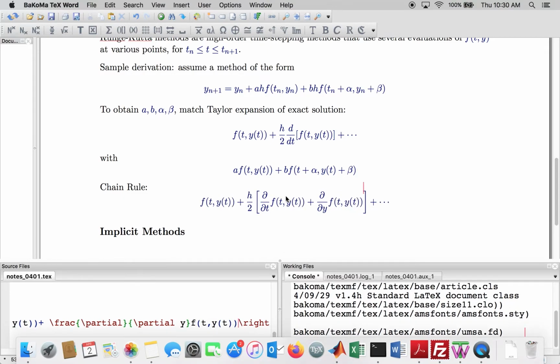And then, because y of t depends on t, I need to include dy dt. But dy dt is equal to f.